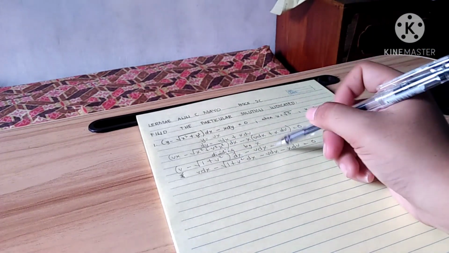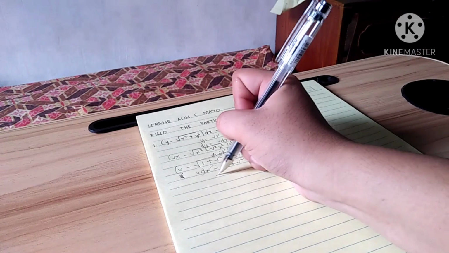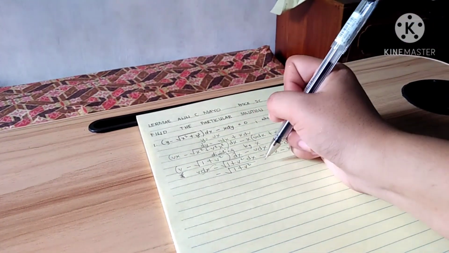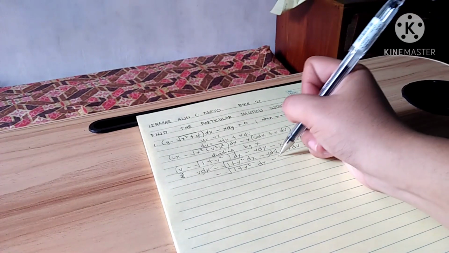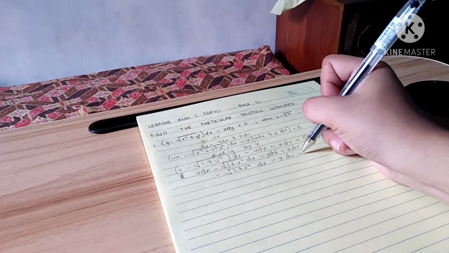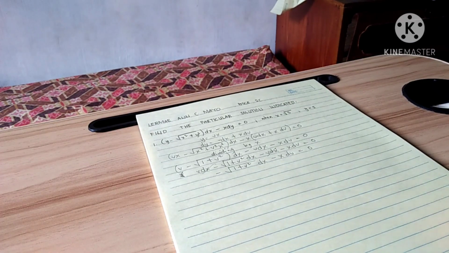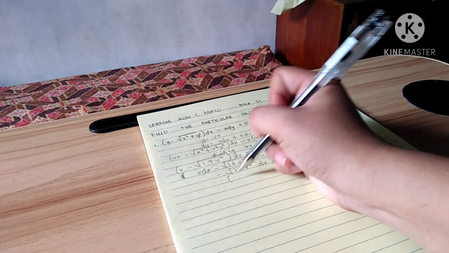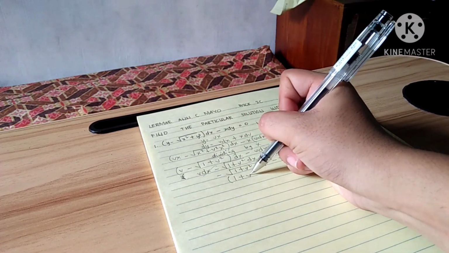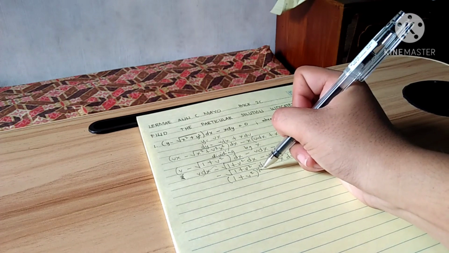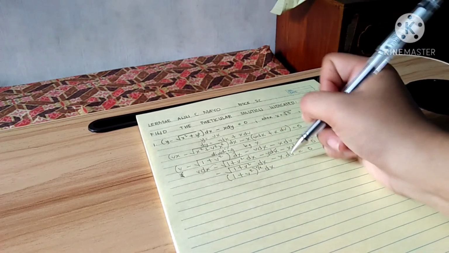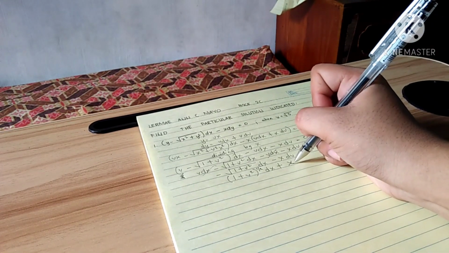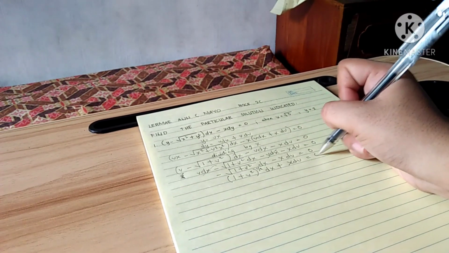So these two terms cancel. What remains is negative square root of 1 plus v squared dx minus x dv equals 0. To remove the negative, we can write it as square root of 1 plus v squared dx plus x dv equals 0.